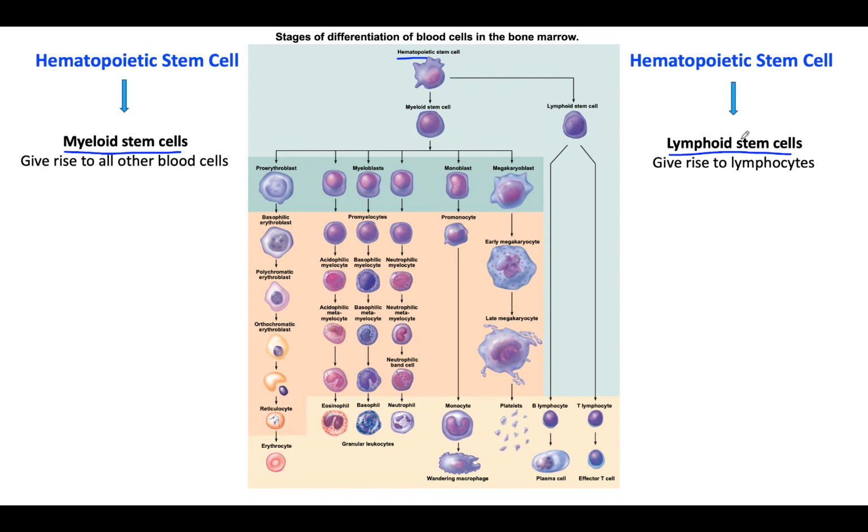Lymphoid stem cell produces lymphocyte. And myeloid stem cell produces all the other formed elements such as erythrocyte, leukocyte, monocyte, platelet.